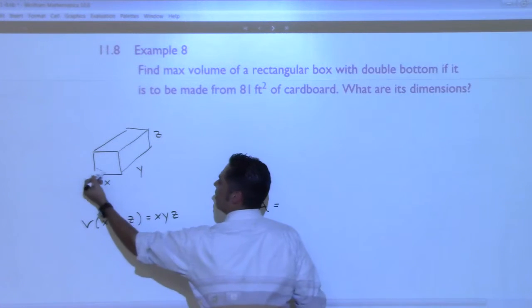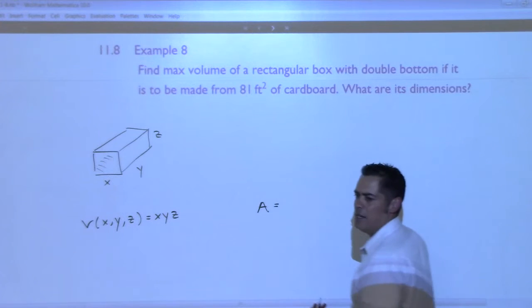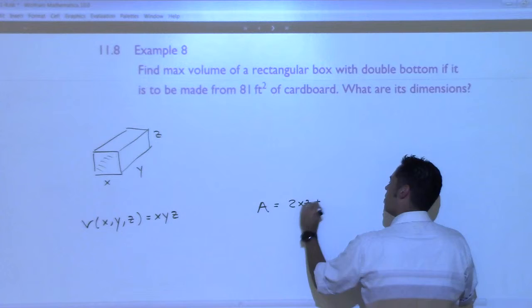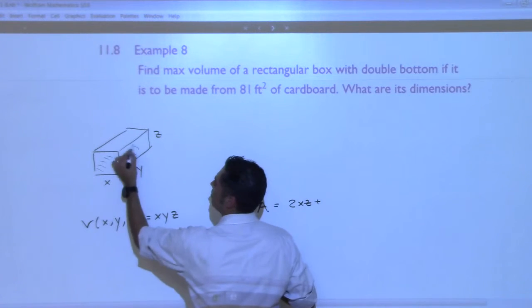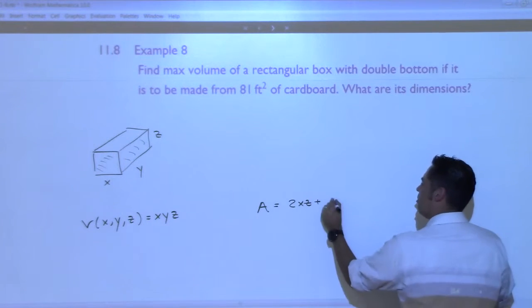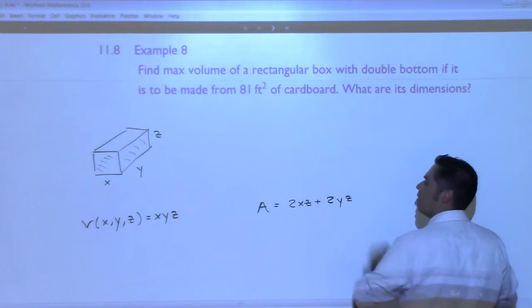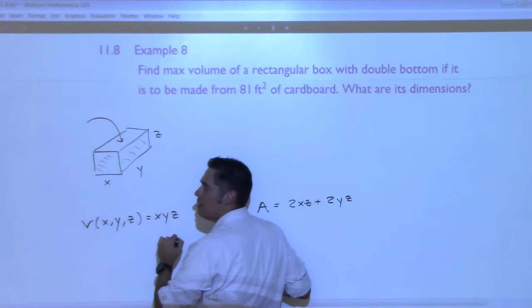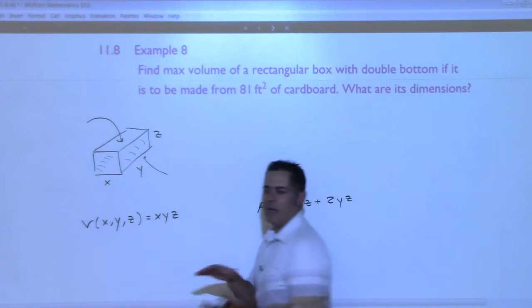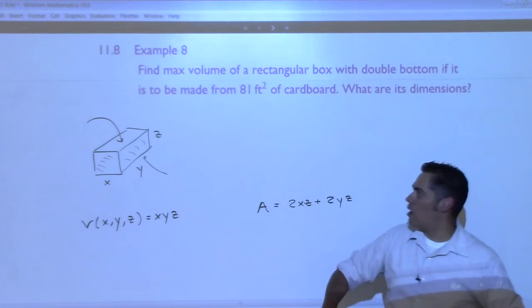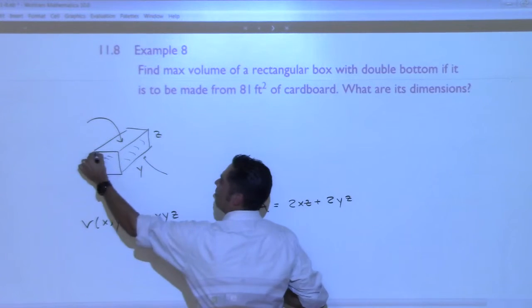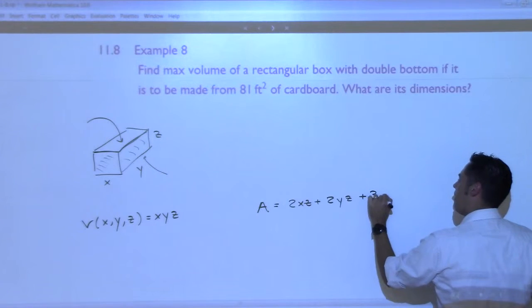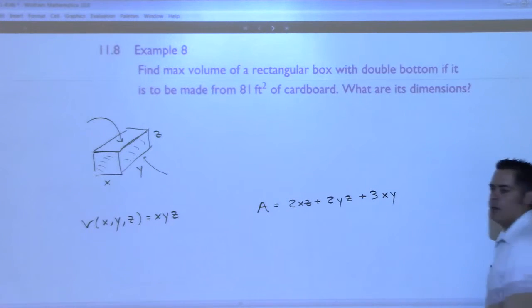Well, we have XZ, and we have 2 of them, plus YZ, and there's 2 of them. And then we have the top and the bottom, but we're doubling up the bottom for reinforcement, so 2 layers of cardboard there. So that's XY, 3 of them. So that's your new constraint.